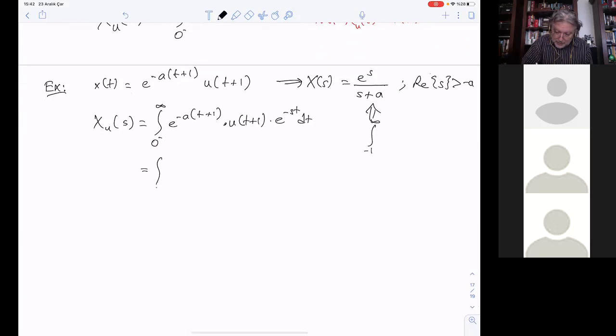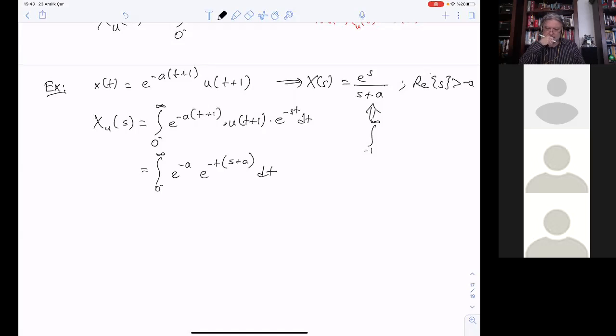It's from 0 minus to infinity of e^(-a), because there is an e^(-a(t+1)). That plus 1 gives me an e^(-a), and e^(-t(s+a)) in parentheses, dt.